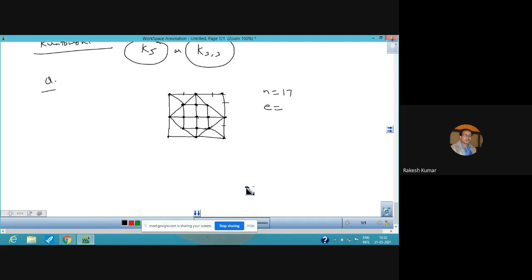Yes, this is the graph we have. Now clearly the number of vertices, let me check again, 1, 2, 3, 4, 5, 6, 7, 8. 8 vertices are there.